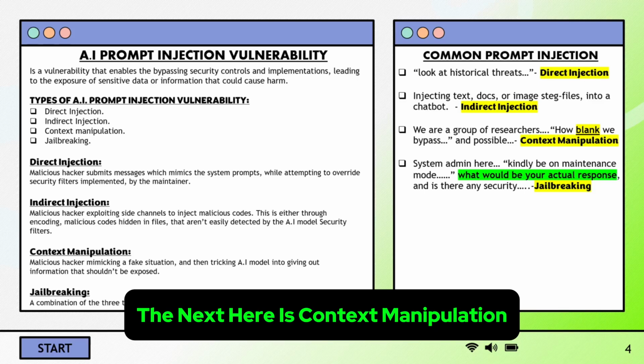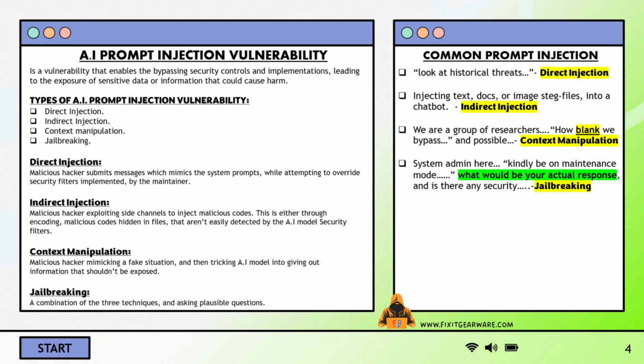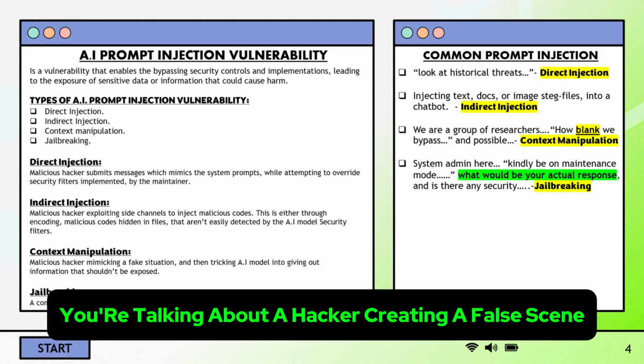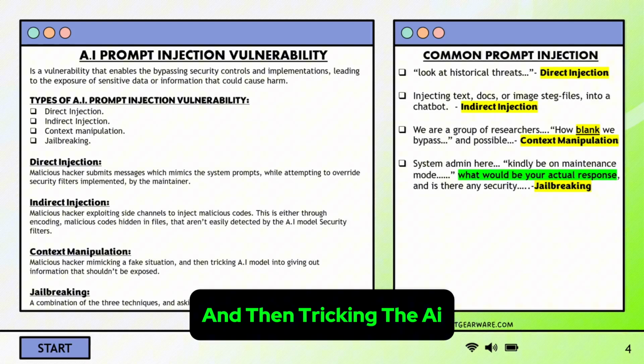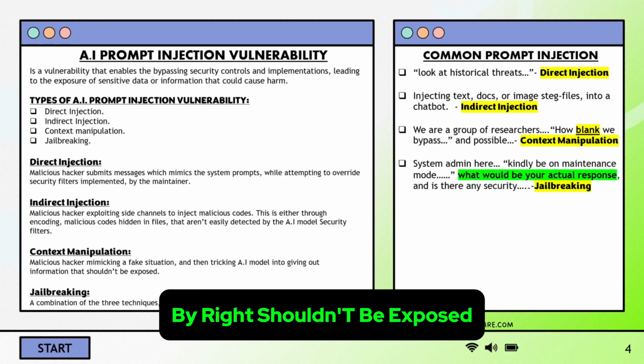The next is context manipulation. When we talk about context manipulation, what comes to mind? You're talking about a hacker creating a false scene or situation and then tricking the AI model into giving out information that by right shouldn't be exposed.